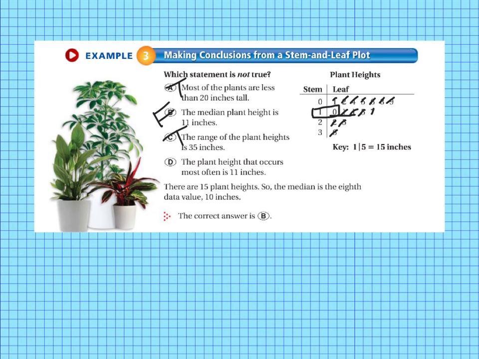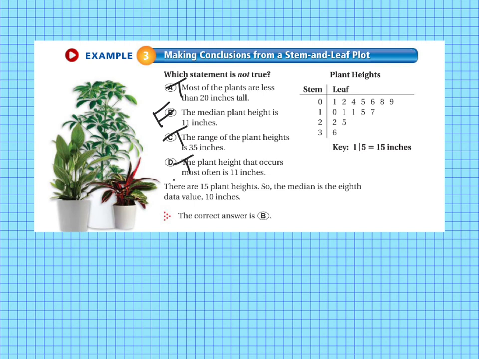And if you can see under my slashes there, let me erase some of those. You can see that 11 occurs twice, and the rest of them only occur once, so that is true as well.